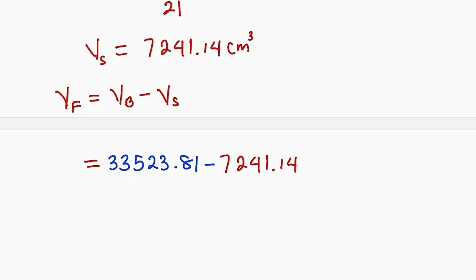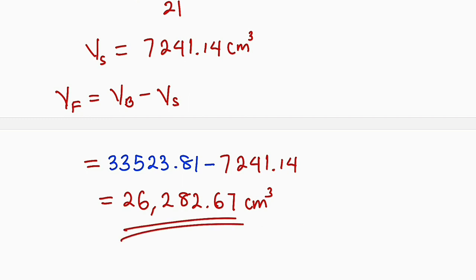All we have to do is subtract, and we have 26,282.67 cm cubed. So this is the volume of the water in that bucket.